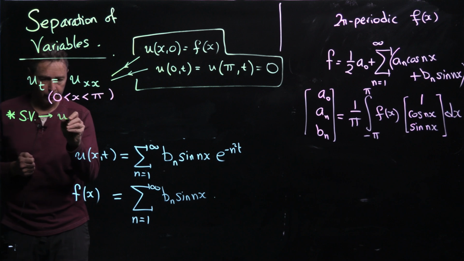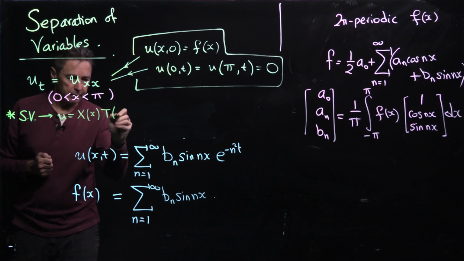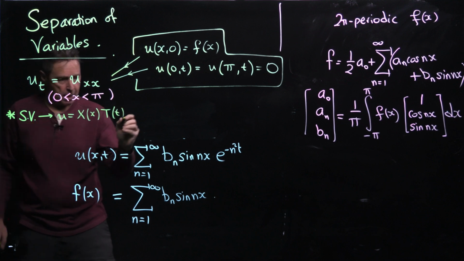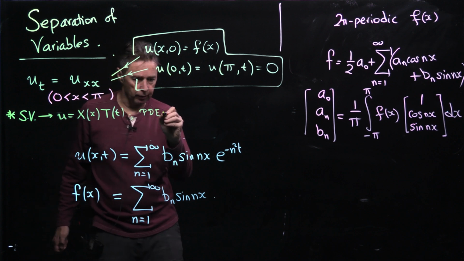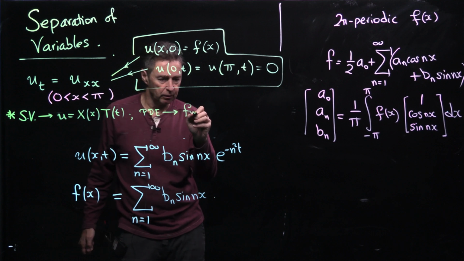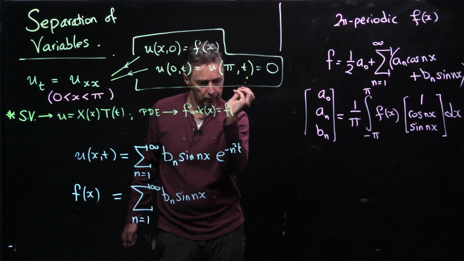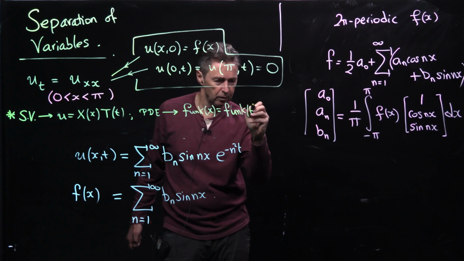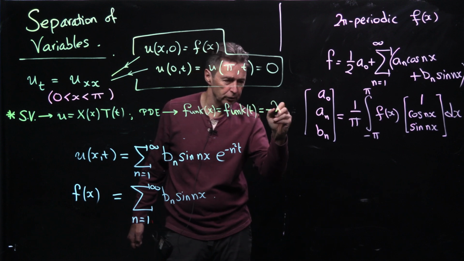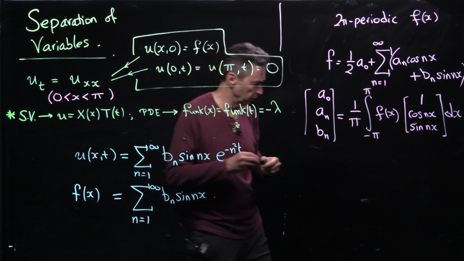Right, u I replace by big X of x, big T of t. I take the PDE and I write it as a function of x, as a function of t, which therefore has to be my separation constant.